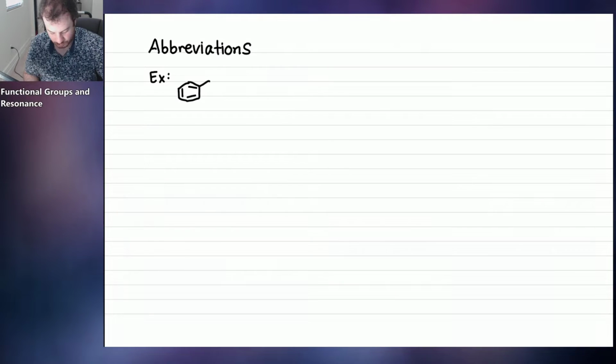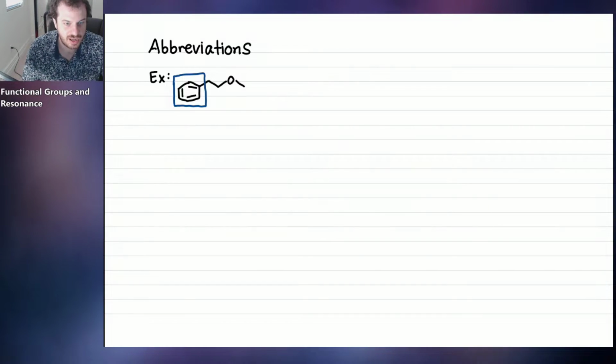Okay. Let's take a look at an example of a molecule here. This molecule can be abbreviated. We have this arene over here, and if you have an arene just hanging off of a molecule on the end, with nothing else attached to it, you can abbreviate that as PH for phenyl.